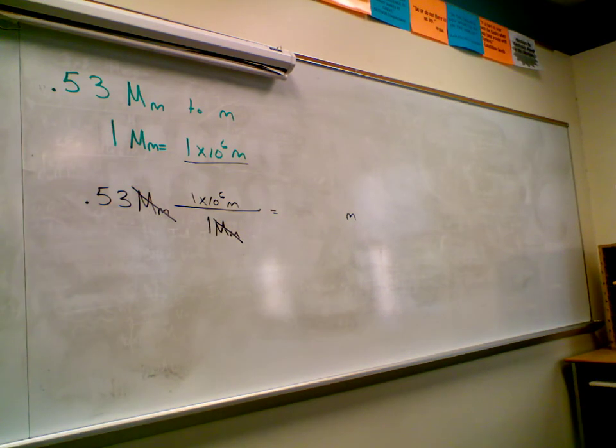So can we do this work? 0.53 times 1E6. So there's no divide this time? You don't have to divide this time, because you're just dividing by 1. Just the 1 is on bottom. So what do you want us to do? 0.53 times 1E6.